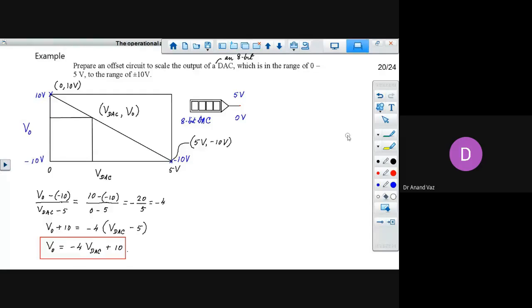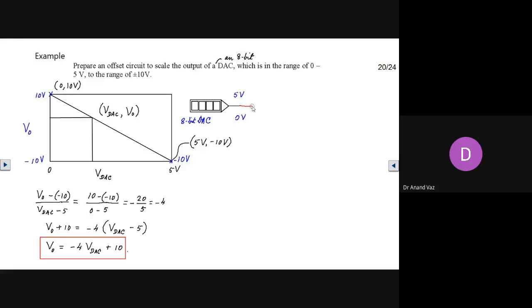From the DAC, which will produce a voltage of 0 to 5 volts, we can connect it like this, have a resistance like this, and connect it to the inverting end of the operational amplifier, because we are going to use a summing configuration.